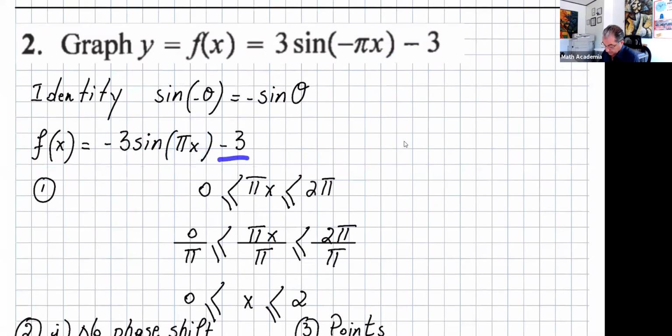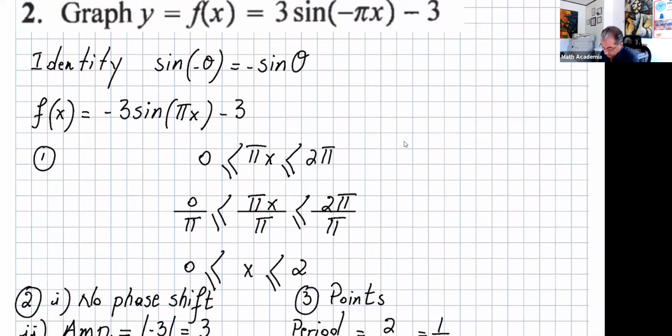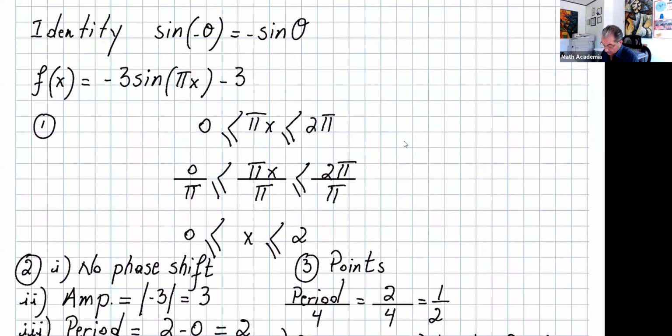Of course, minus 3. One more time, don't multiply this by 3. Just take the angle and put that between 0 and 2 pi, because the period of sine is also 2 pi. Isolate x.